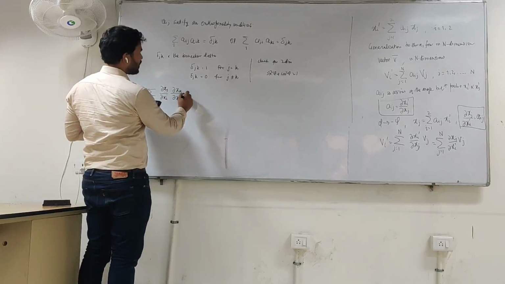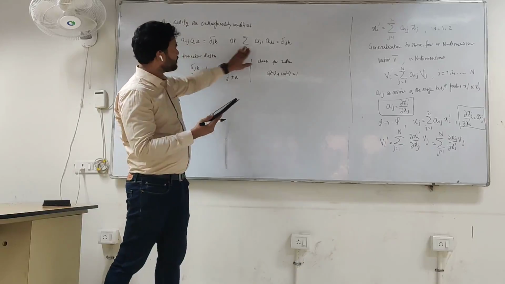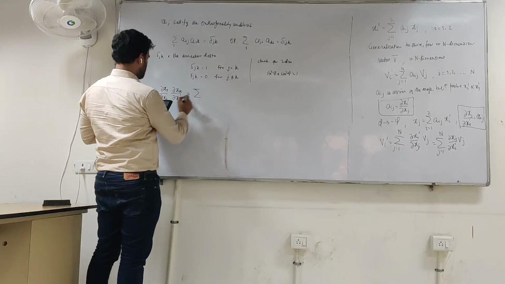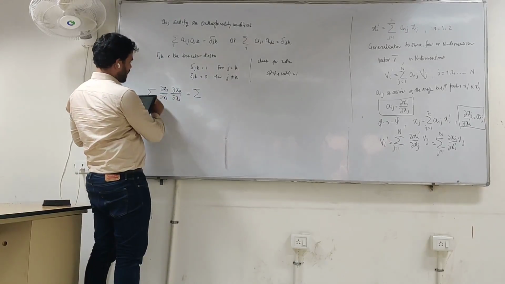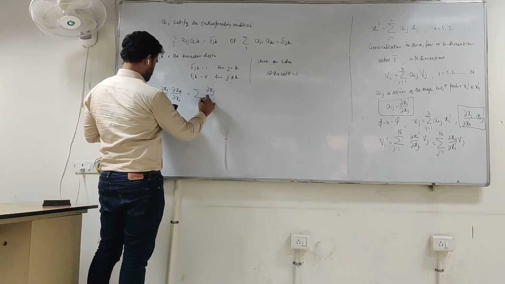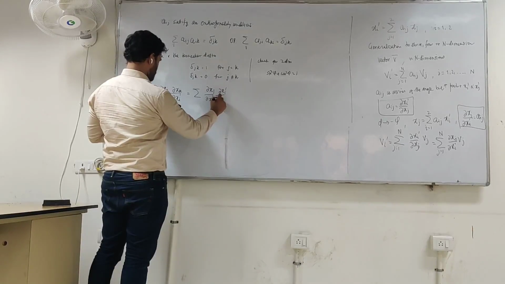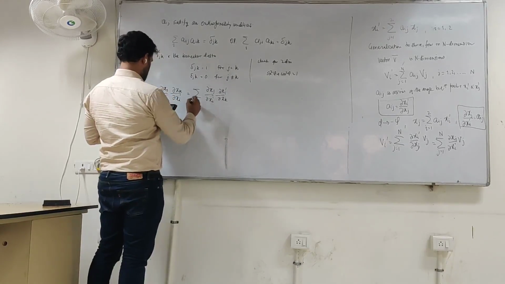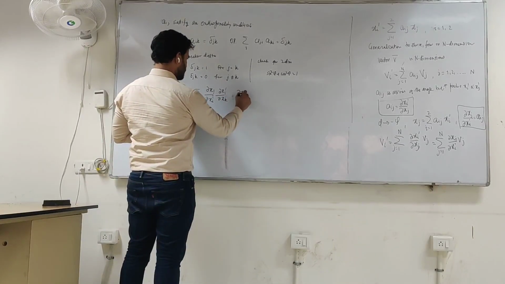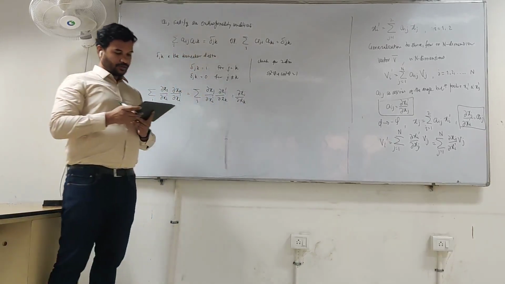Summing over I, dxj upon dxi prime times dxi prime upon dxk gives dxj upon dxk. Okay?